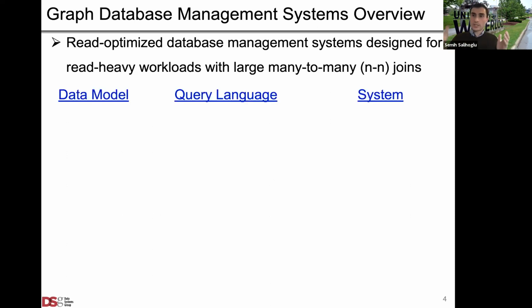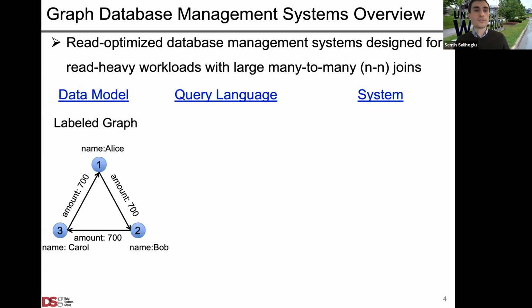To give an overview of any database management system, there are three main components: the data model, the query language, and the actual system implementation. Let me give you a very high-level overview of these three components for graph database management systems. The data model is what is known as the property graph model, which is really a labeled graph.